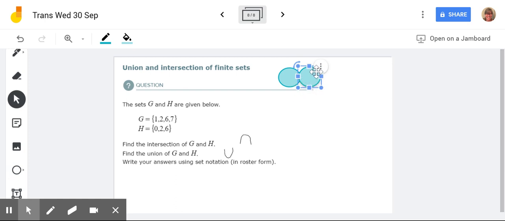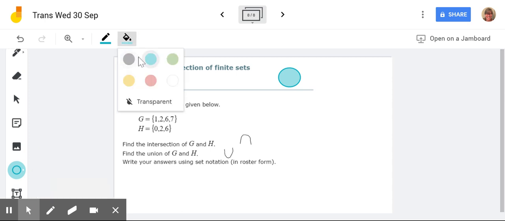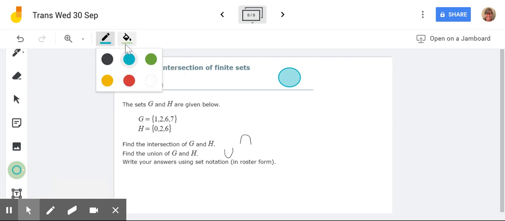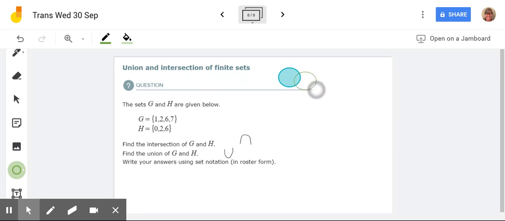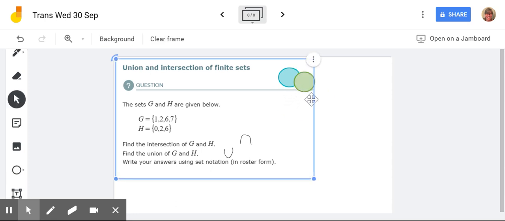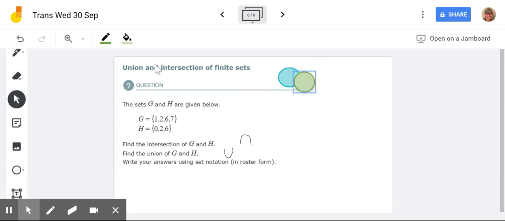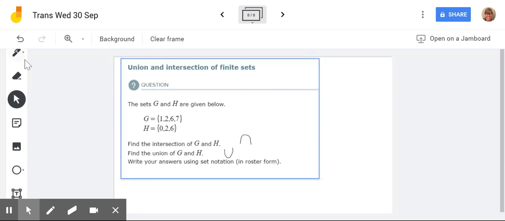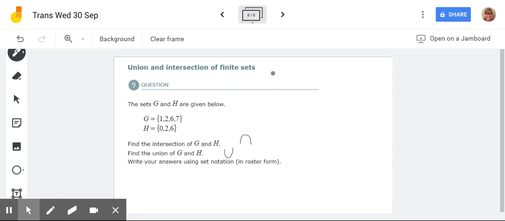It needed to be a different color. What the heck, man? Delete that sucker. I need another circle. Sorry, guys. Give me green. Okay, whatever. I can't do it. Screw it. I tried to make it fun. I duplicated it. Delete. Okay, so let's go union.